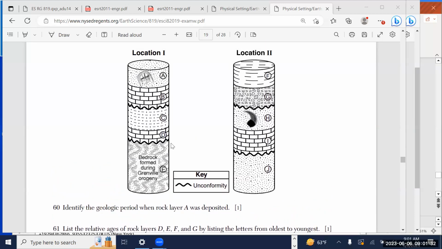So we know generally that the layers on the bottom are older and the layers on the top are younger. However, we need to know what is the connection between location 1 and location 2. And remember when we talked about what makes a good index fossil is if you have the same fossil on each row and you only have one.